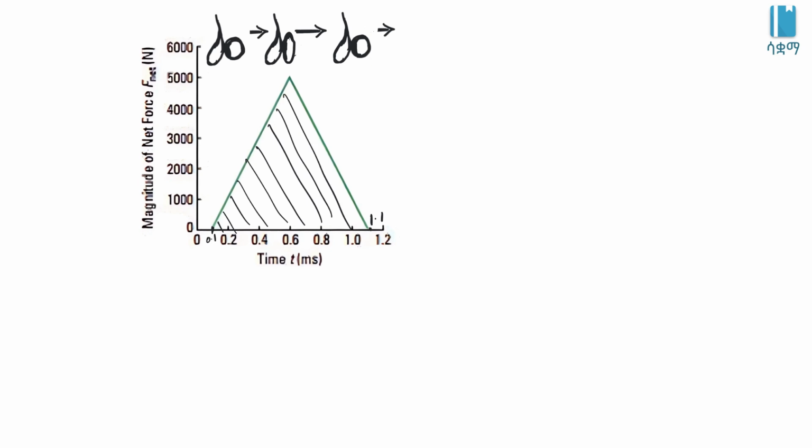So the net force, first we put the magnitude. The direction is already given, toward east, so the direction of the impulse will be the direction of the force. Here, first calculate part A: what's the impulse? Impulse means finding the area on the force-time graph, which is equivalent to the area.